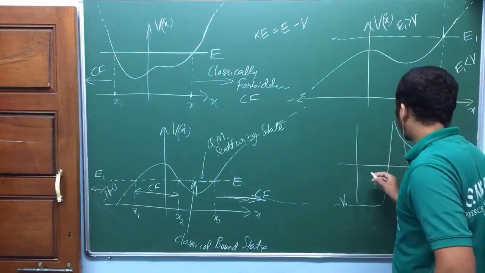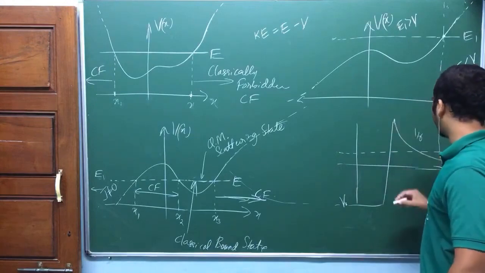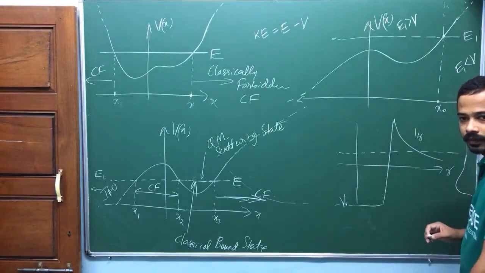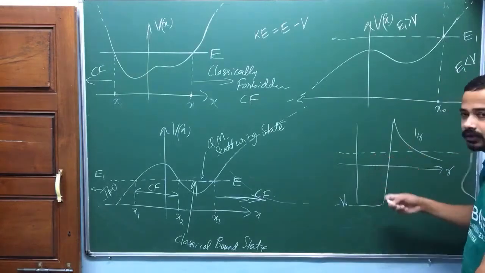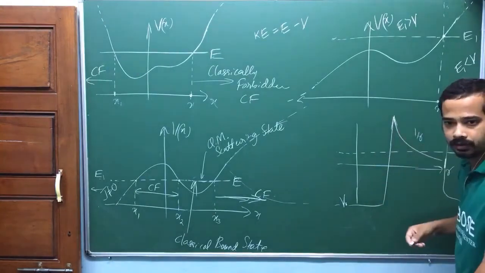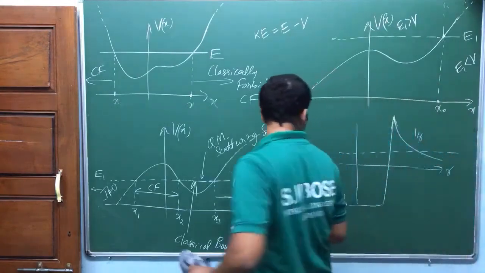Now the alpha particle will usually have energy less than the energy of this barrier. Whatever alpha particle is inside the nucleus will have energy less than the height of this barrier. You can call it a barrier. But still you will have alpha decay. We call that quantum mechanical tunneling.